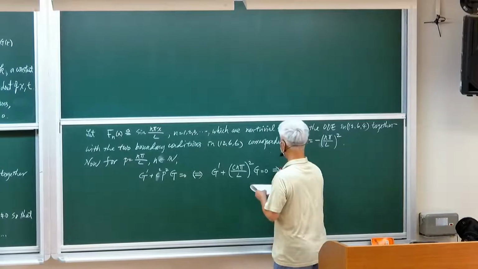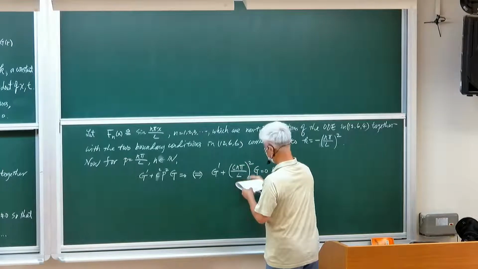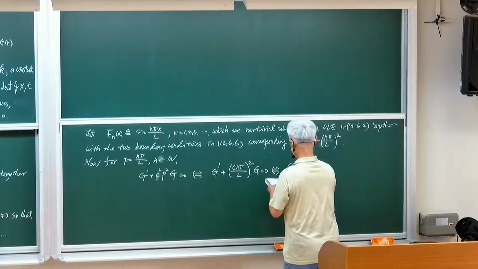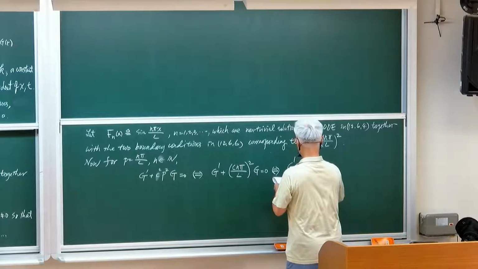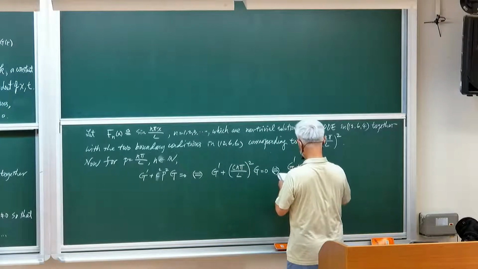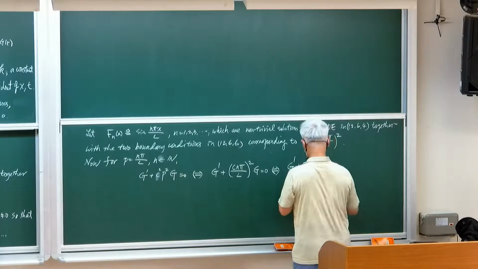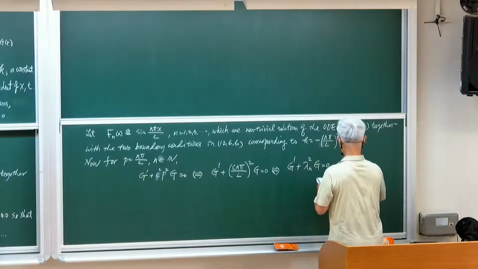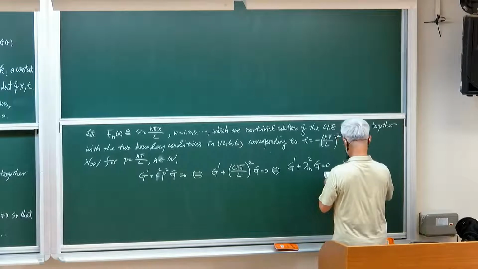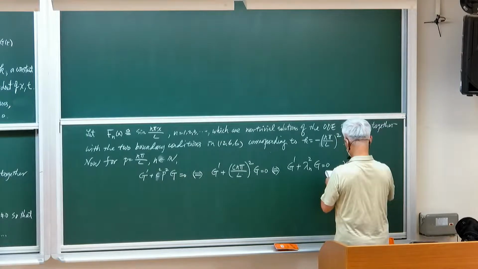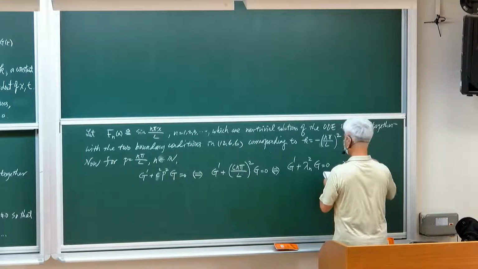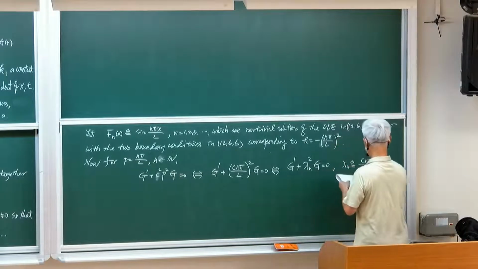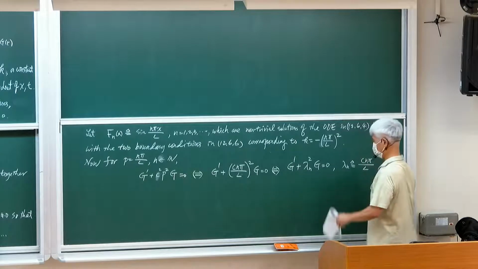We will write this as G' plus lambda_n squared G equal to 0, with lambda_n defined to be c n pi divided by L.